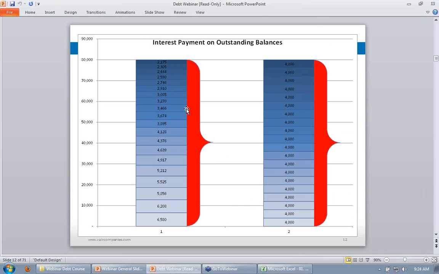And the interest rate will then drive our outstanding balance. This is the amount of interest that we would pay on the outstanding balance. So of course, in the beginning, when we first do this, before we amortize any of the debt, before we pay off either of these principal payments, if the interest rate is the same, the interest payment will be equal.